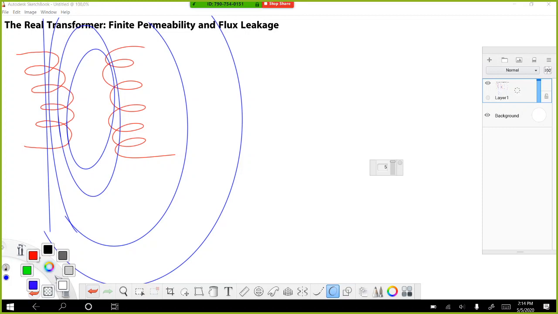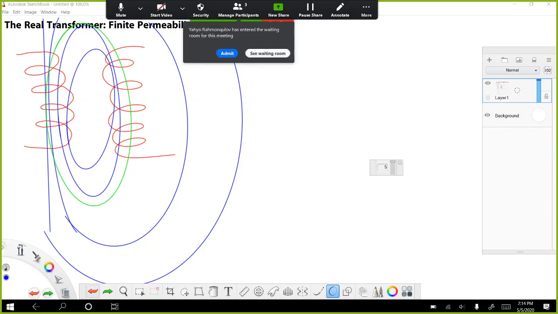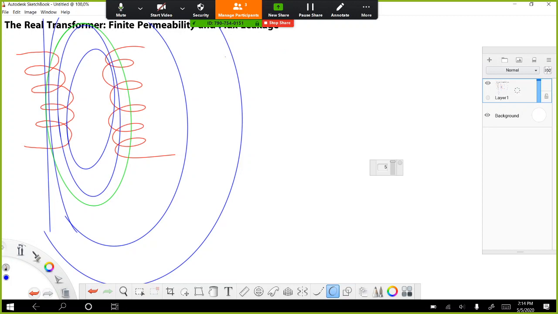Only some part of the magnetic flux links the two coils, but we can assume that a fraction of the flux produced by one coil links the second coil. I denoted it with green lines. Some fraction of the total flux links the two coils.